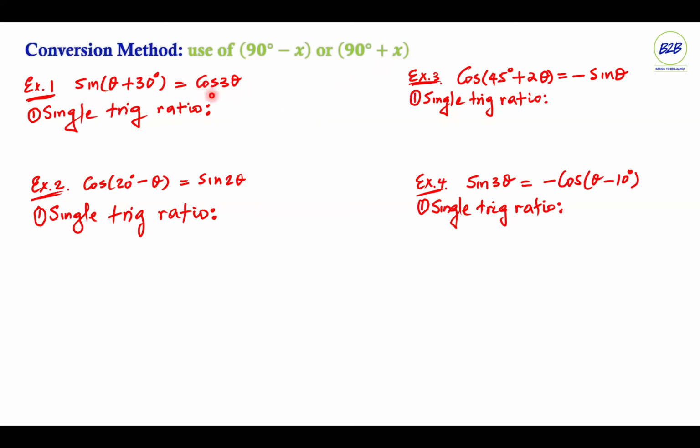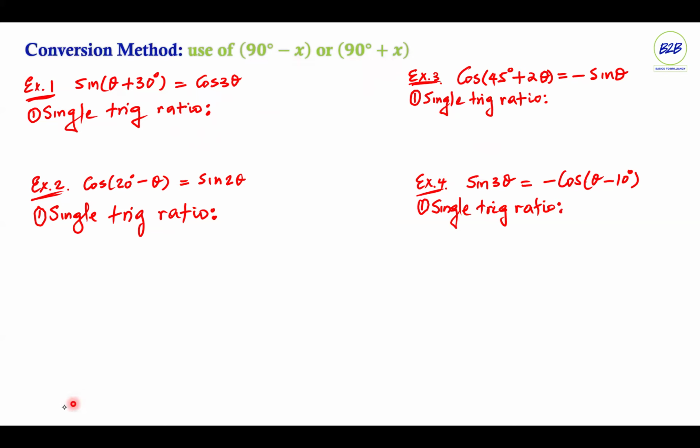So there is always that effect of conversion when we use 90 degrees minus x and 90 degrees plus x. So that is why, to answer the first step of a single trigonometric ratio, we will use either 90 degrees minus x or 90 degrees plus x, depending on the scenario.